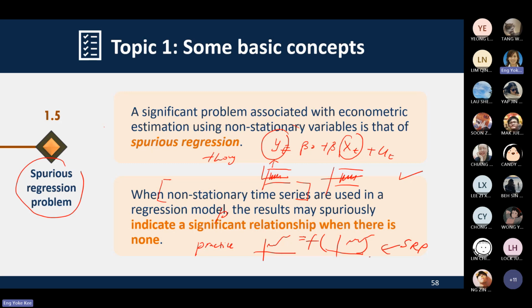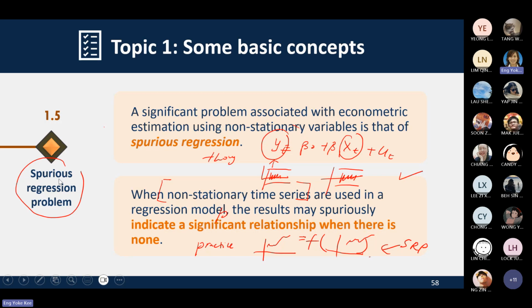So what is the spurious regression problem? It says the statistical result is very beautiful, but you cannot trust it. In other words, the statistical analysis will tell you there is a significant relationship between X and Y, but in practice there's no relationship at all. This is why I call it a spurious regression problem.